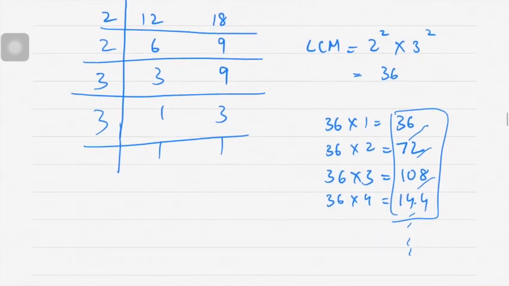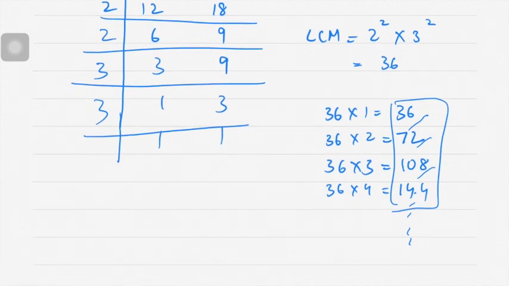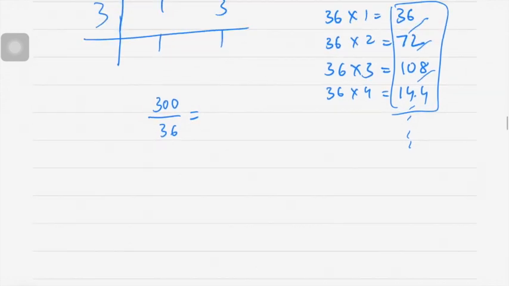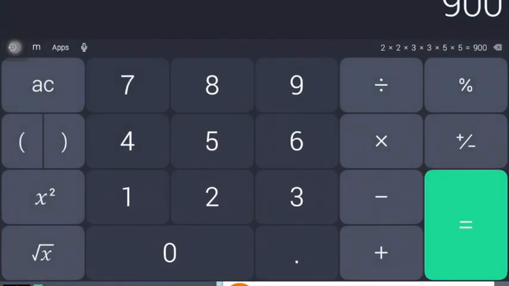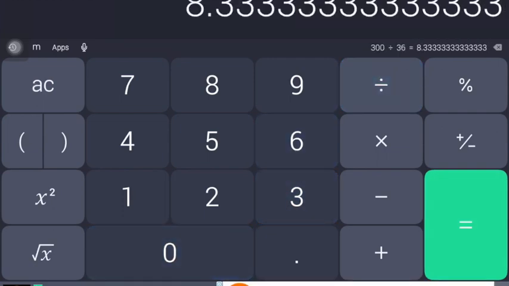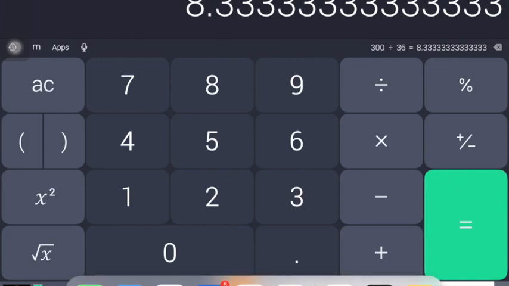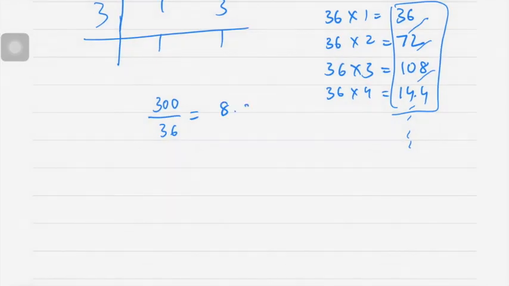So for that, you can just divide 300 by 36. Let's do this. 300 divided by 36 is how much? You get 8.33.